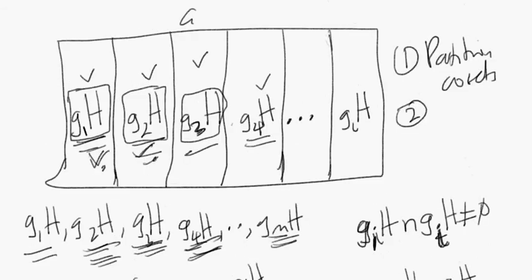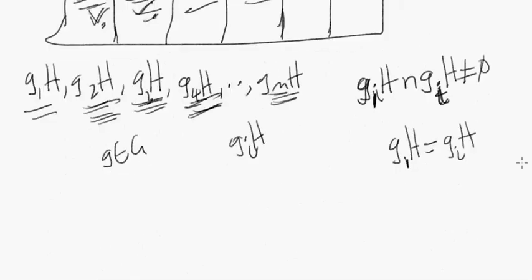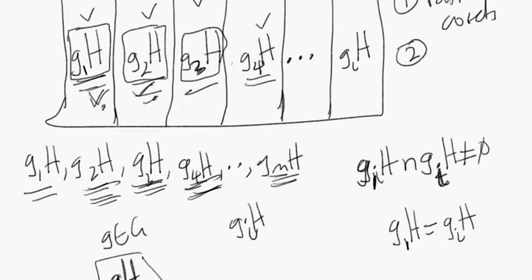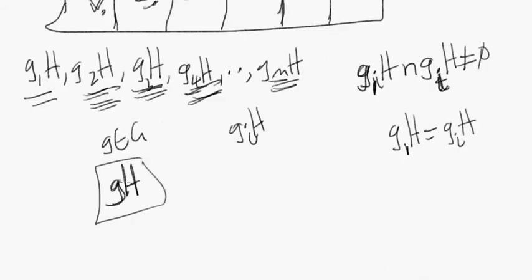Well, all we'd have to do is to look at the coset gH. The coset gH is a legit coset, right? If this gH is really not one of these, then it means the process never ended.